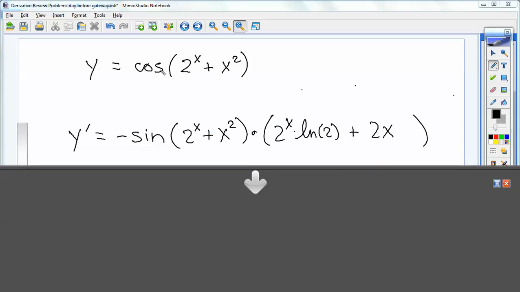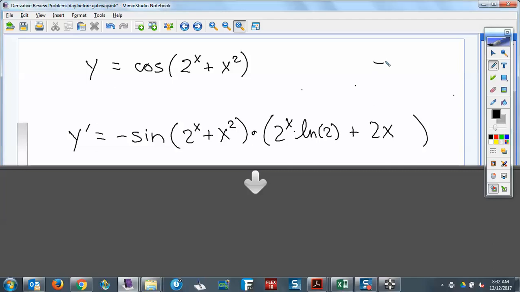So again, you've got derivative of the outside, cosine is negative sine. We leave the inside alone. Matter of fact, I was just helping somebody the other day who had e to the x squared, and they did the derivative and wrote it as e to the 2x. Okay, never, never, never change the inside. We leave the inside alone, and I see that all the time.